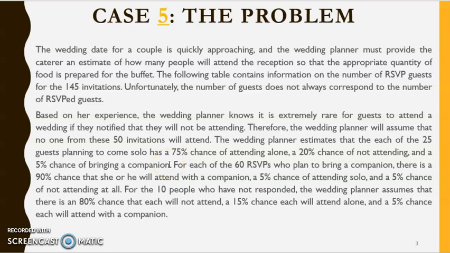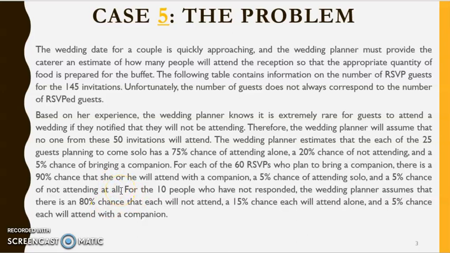I guess now you have a good understanding of the simulation model you are supposed to make. For each of the 60 RSVPs who plan to bring a companion, there is a 90% chance that she or he will attend with a companion, a 5% chance of attending solo, and a 5% chance of not attending at all.